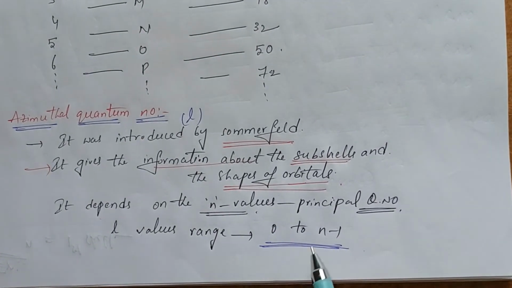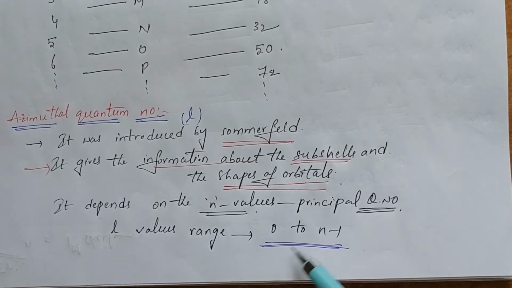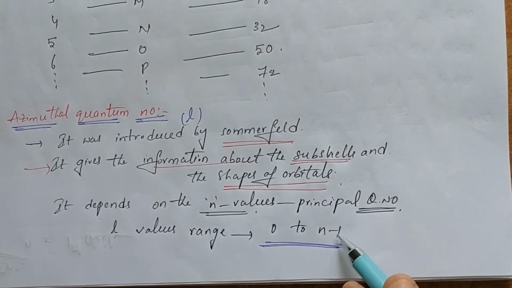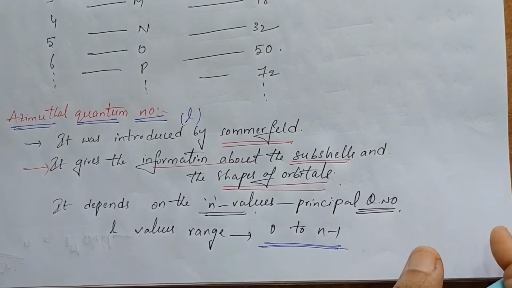Now for example, I am taking n equal to 1, the first shell. How many l values will you get? 1 minus 1 is 0, so only one value, that is 0.